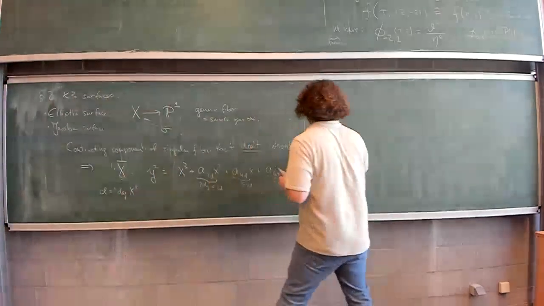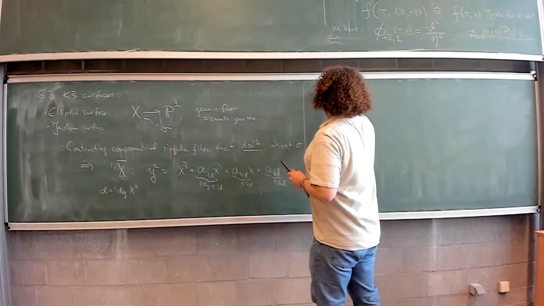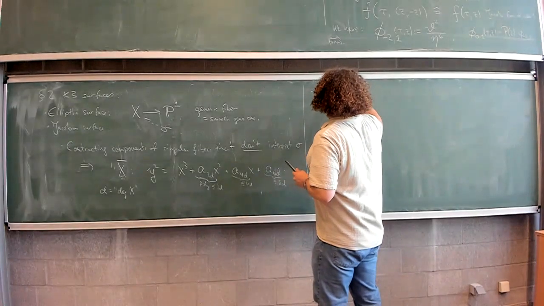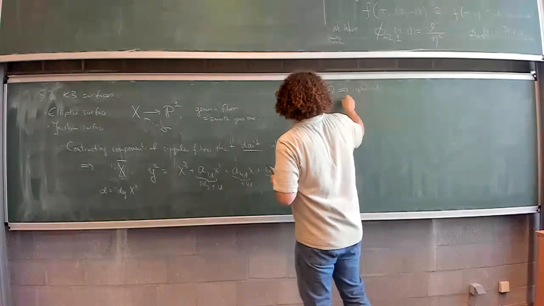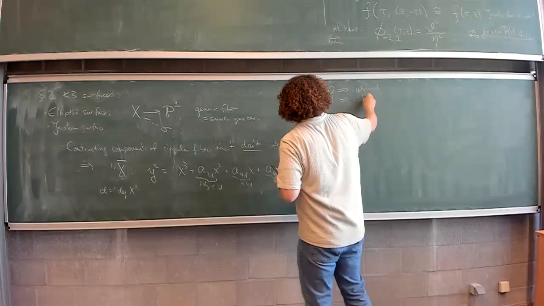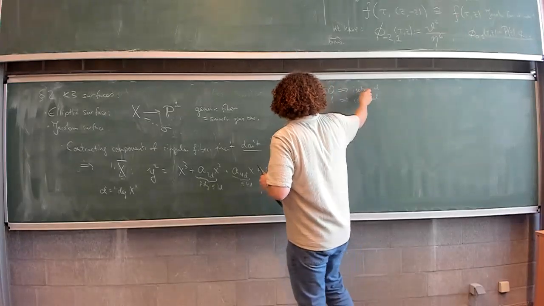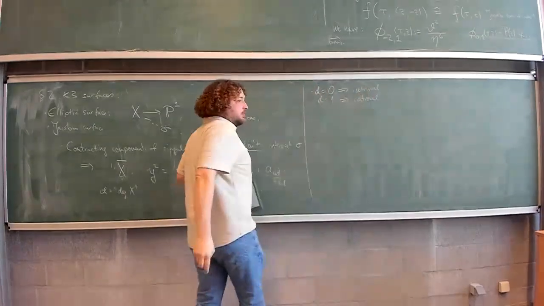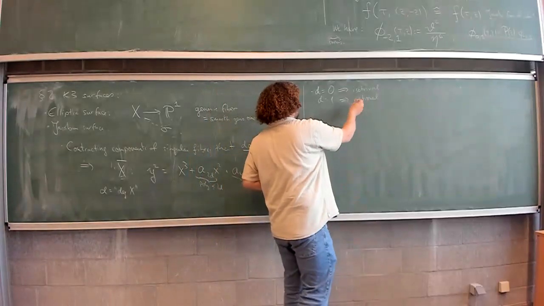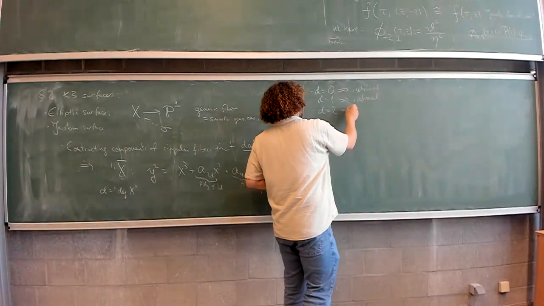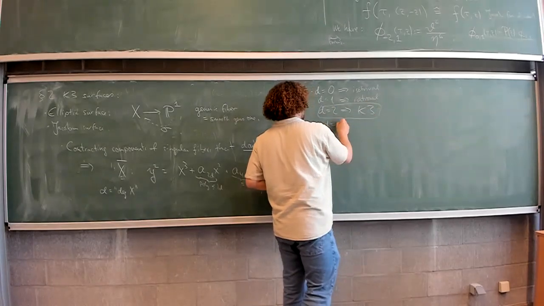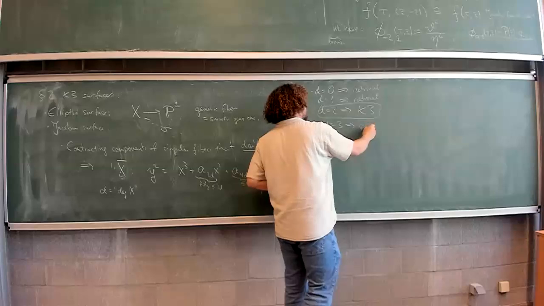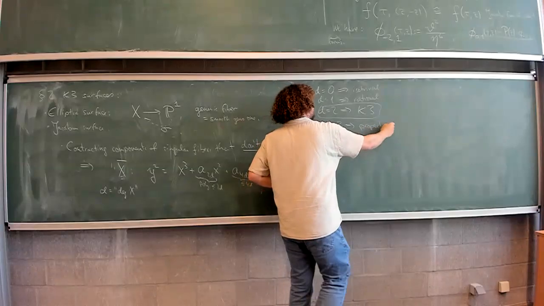So the classification of such surfaces: D equals 0 is isotrivial. D equals 1 is a rational elliptic surface. So here it's just elliptic curve times P1. Here it's a rational surface. D equals 2 is K3, that's the one we care about. And D equals 3 is called properly elliptic, and there's not much I can say.